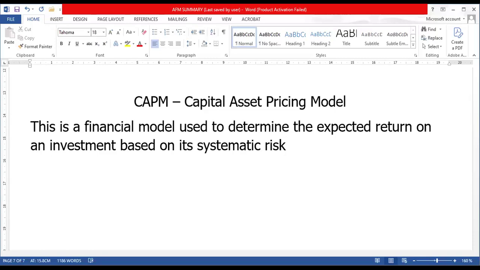What is unsystematic risk? Yesterday we talked about that. So this CAPM is just a model we use to estimate the expected return on an investment based on its systematic risk. Systematic risk is like the market risk. Okay, so that is the CAPM.